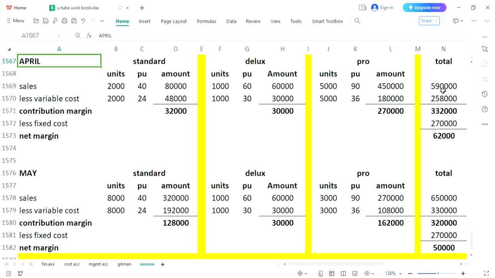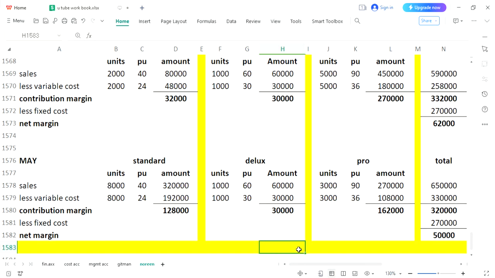That means the way sale is increasing is less than the way variable cost is increasing. In other words, variable cost is increasing by a higher percentage as compared to the change in sales. Another sentence: change in variable cost is more than change in sales. This is the reason our profit has dropped.